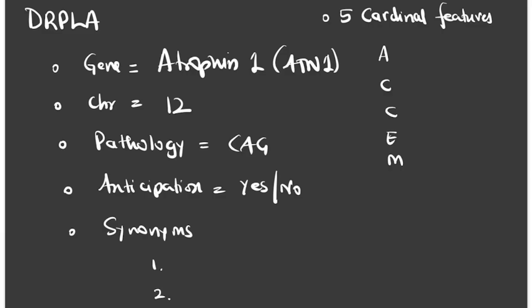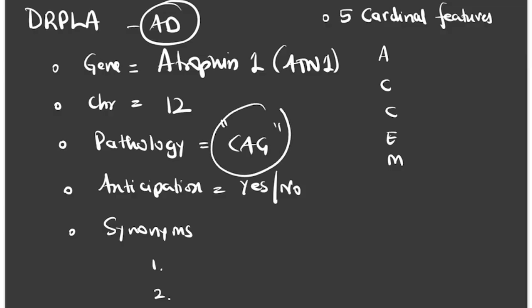It is CAG repeats, triplet nucleotide repeats. Is it autosomal dominant or recessive? It is autosomal dominant. In the first classification itself I told it's autosomal dominant type. Is anticipation there or not? Yes, all triplet nucleotide disorders will have the phenomenon of anticipation.